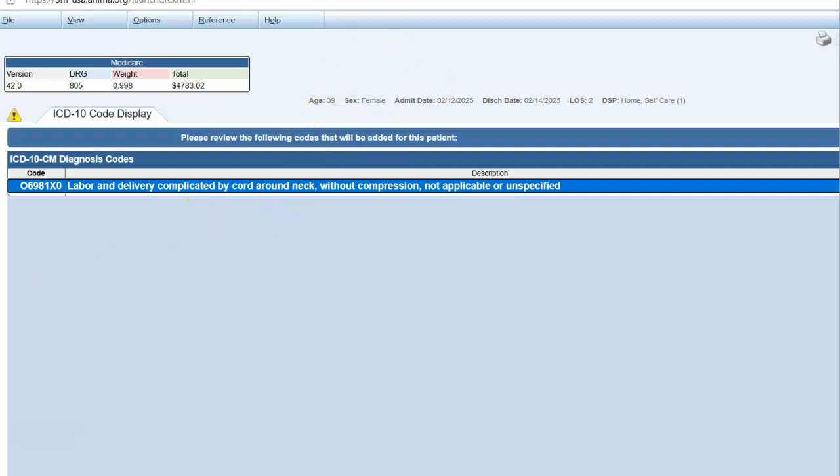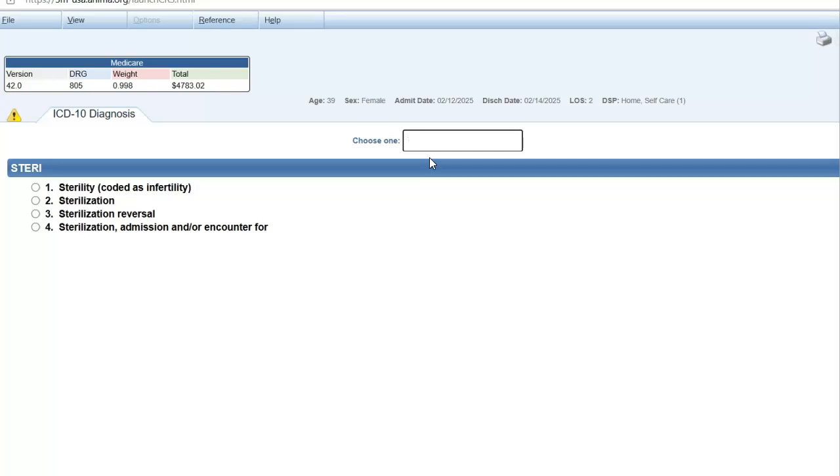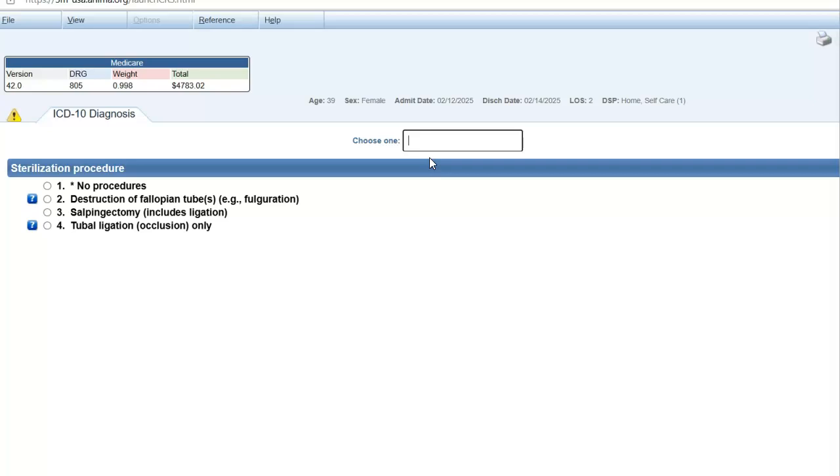Now, we are going to add the sterilization. That's the last thing we have to code. So sterilization, we're going to do number 2. And then she had a tubal ligation, so we're going to do number 4. They didn't use a fallope ring or a clip, so we're going to hit number 3.